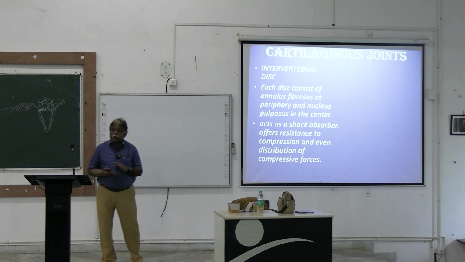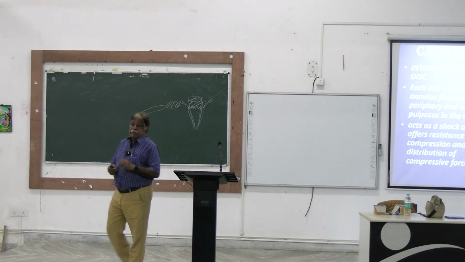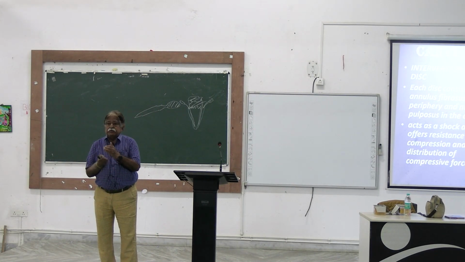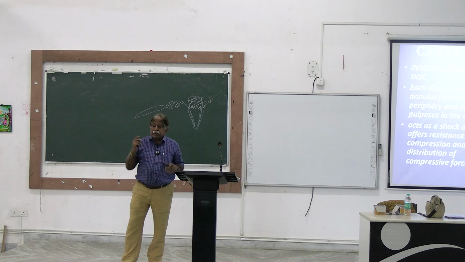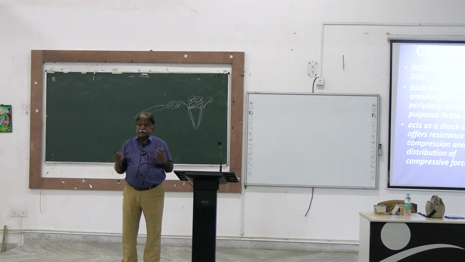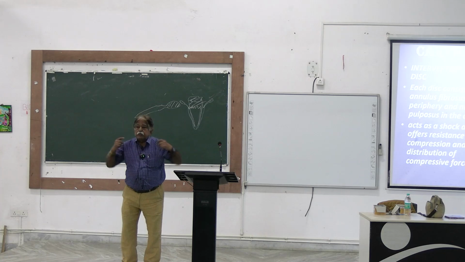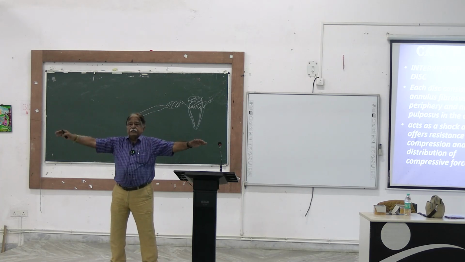Now, it is designed in such a way that two vertebrae are interposed with the intervertebral disc. See, like acrobats or dancers. One person comes, does some motion and stands like this.